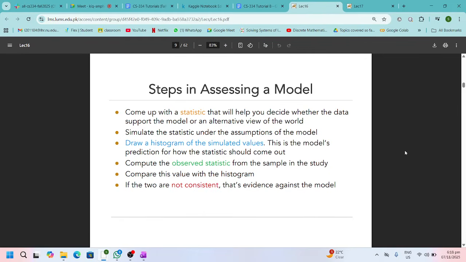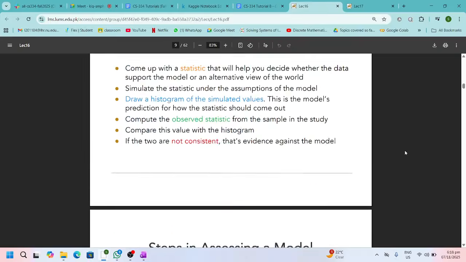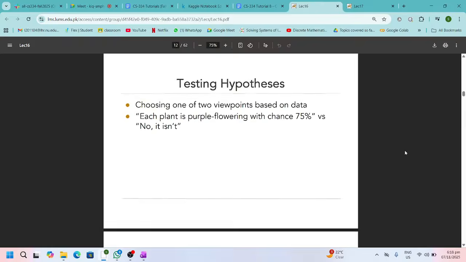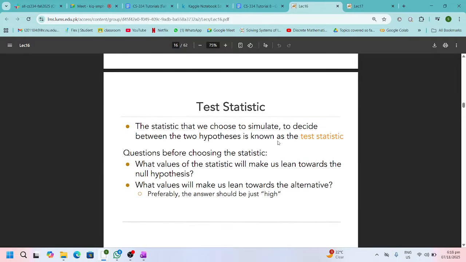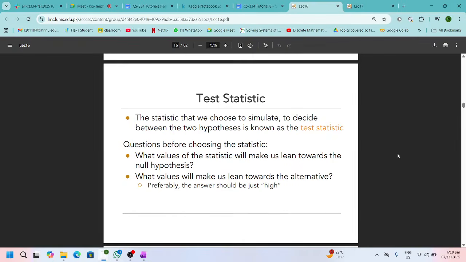And how do you choose a statistic? Let me show you here as well. A test statistic helps you decide between two hypotheses, a null hypothesis and an alternative. A null hypothesis assumes no effect. An alternative hypothesis assumes some effect.